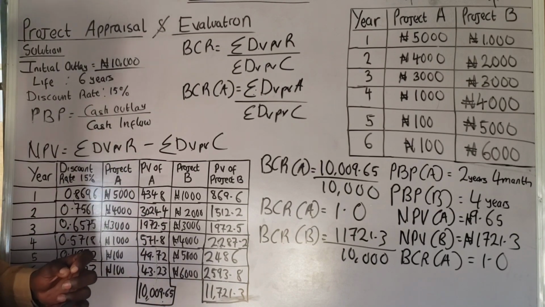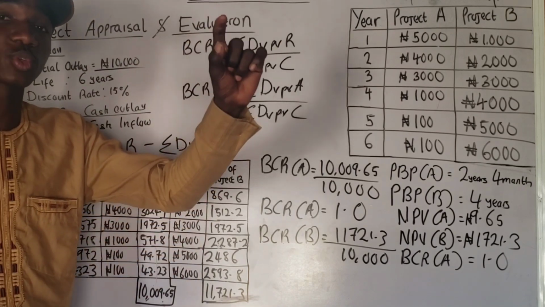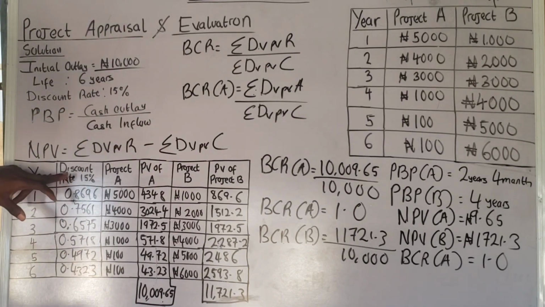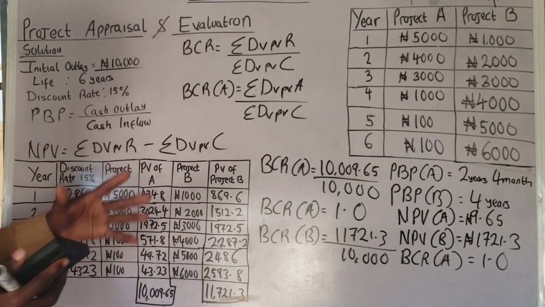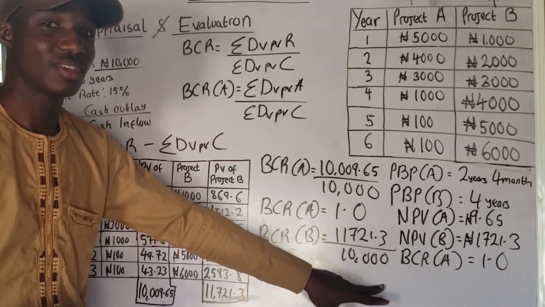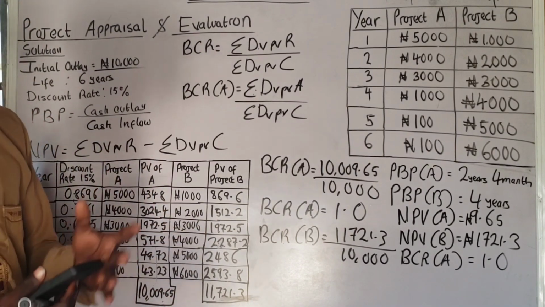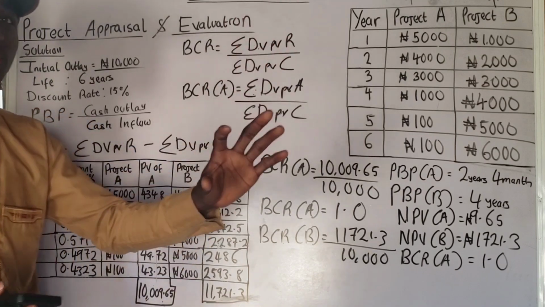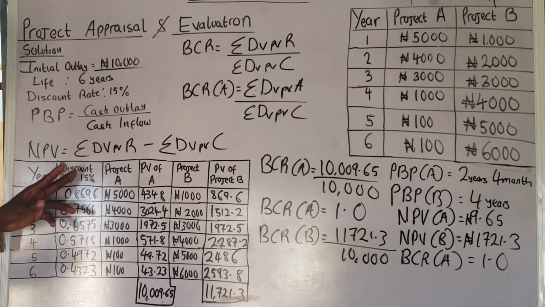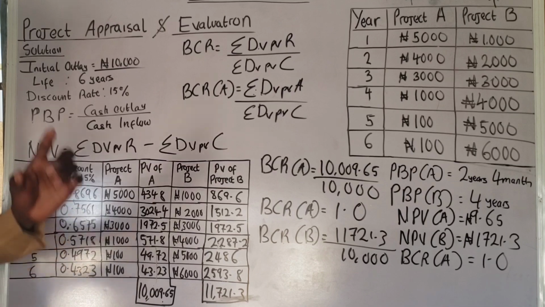You understand? You will come across questions on project appraisal where you are going to have the table of total revenue and the table of total cost. In that case, you are going to take the product of the discount rate of each year with each cost. It is that sum that you are going to use to divide this. I don't know, maybe you get what I'm saying. What I'm trying to say is that in questions where you are given the table of total revenue and total cost separately, you must take the product of the discount rate at the percent that you are given and the total cost.